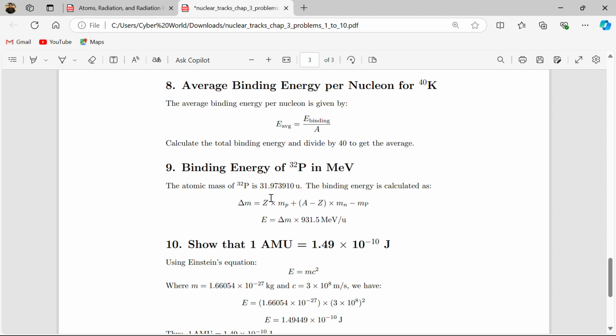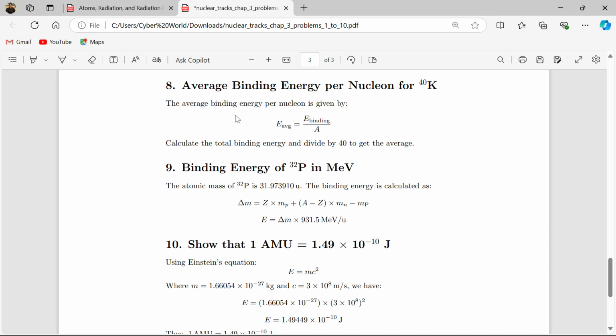And here you have to write 17, because mass number minus atomic number gives 17, multiplied by the mass of neutron, which you already know is 1.00865. After calculating, multiply by the factor to convert into mega electron volts, and you will get the final binding energy of phosphorus in mega electron volts from this relation.